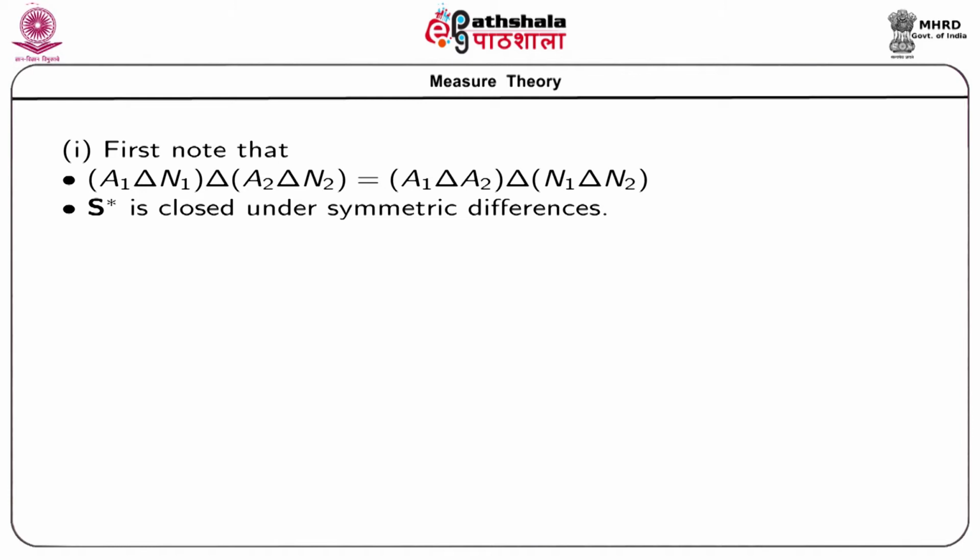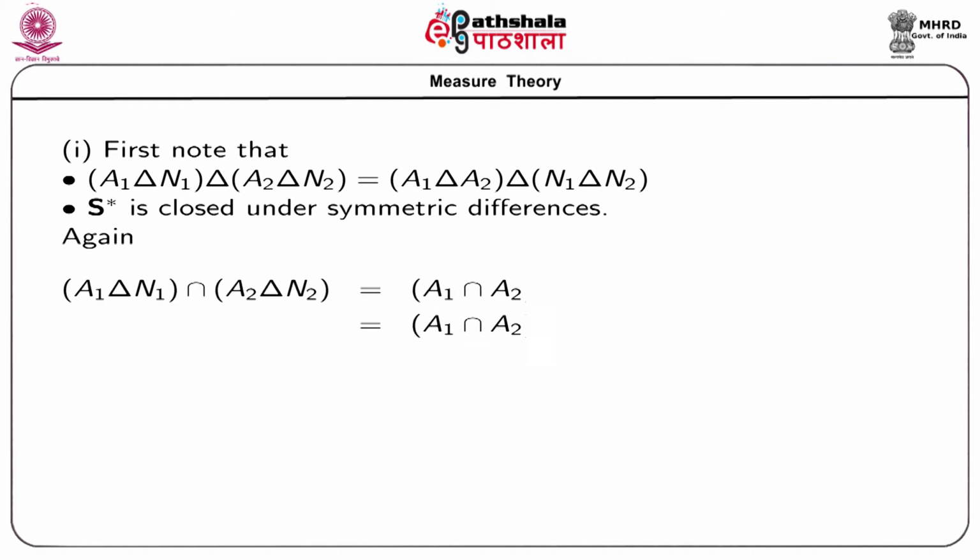Since A1, A2 belong to S, A1 delta A2 belongs to S, and N1 and N2 are both subsets of a set with measure 0. So, N1 delta N2 also is a subset of a set with measure 0. This shows that S star is closed under symmetric difference.